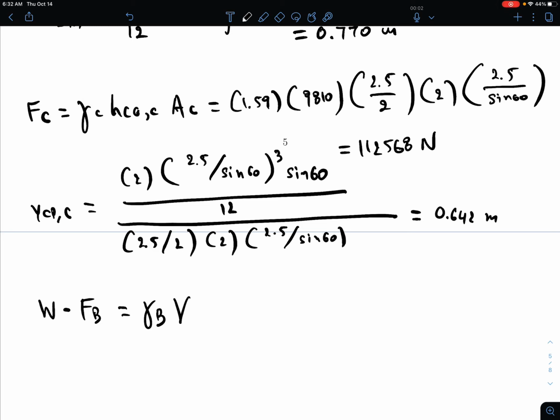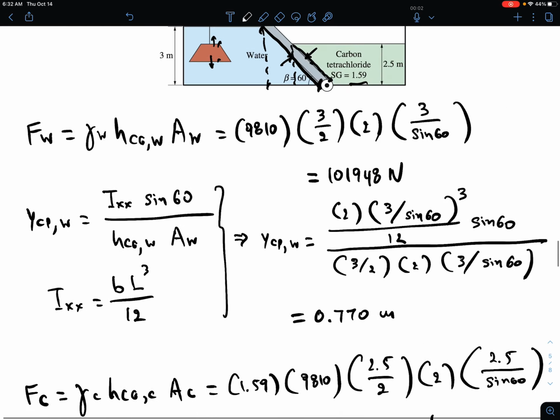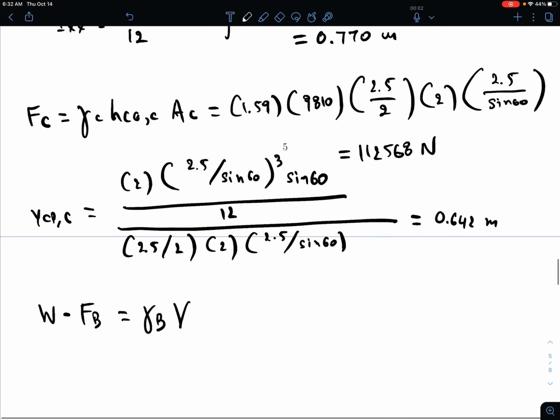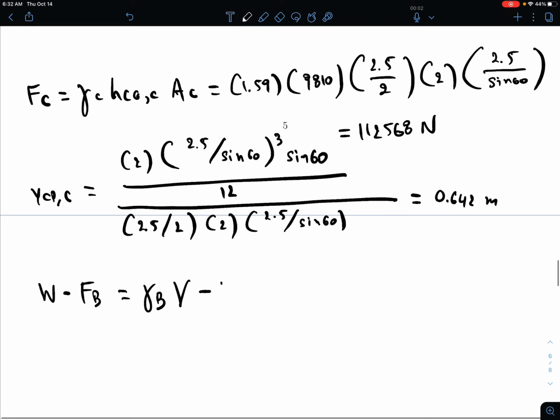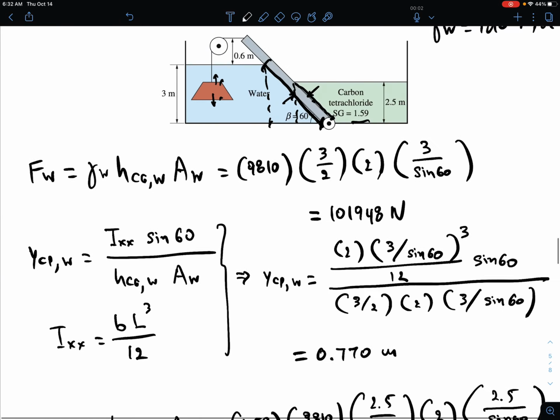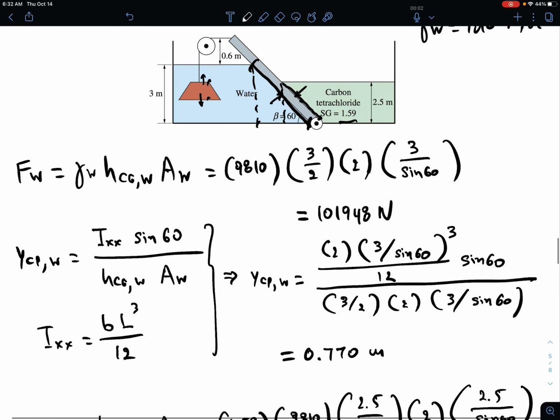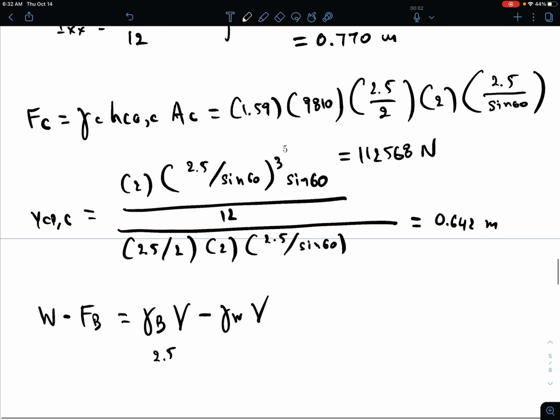The buoyant force is going to act on the displaced volume, which is exactly the volume of the block since it's completely submerged. So we have the specific weight of water times V. And WB, that's 2.5, because that's the specific gravity we have for the block, times V, times the gamma W minus gamma WV.